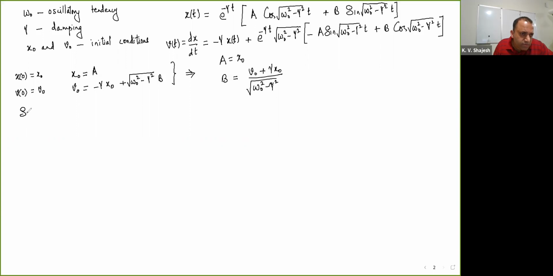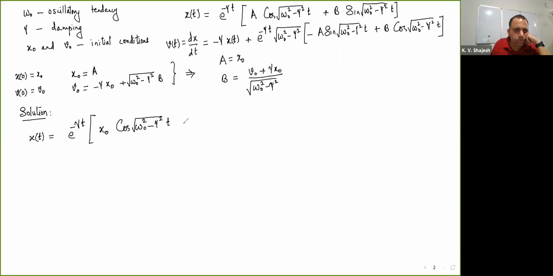Right, so let me write the solution here. x of t is equal to exponential of minus gamma t times a, which is x naught, times cosine of omega naught prime t. I said that the frequency with which it oscillates is slightly less; that's the square root of omega naught square minus gamma square.